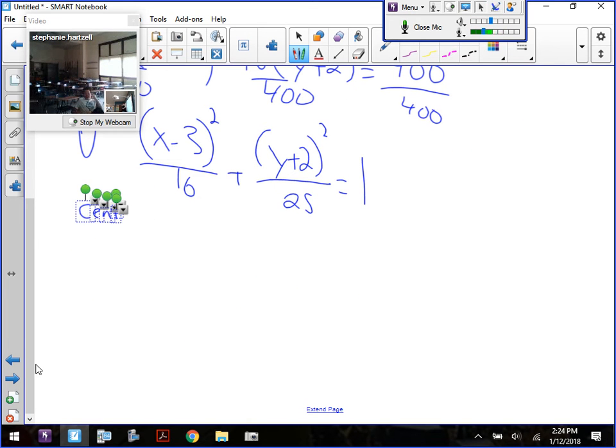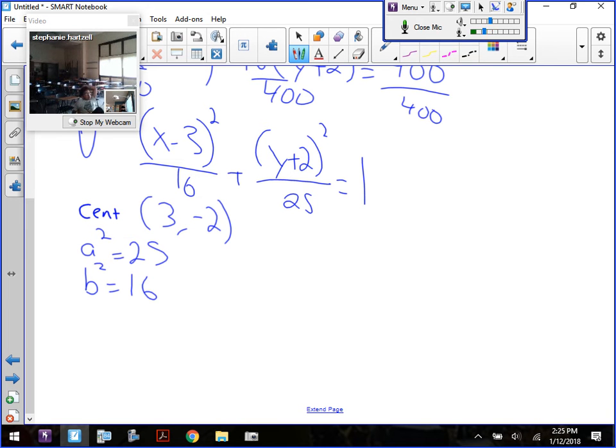Our center is going to be located at 3, -2. And our a squared is 25. Our b squared is 16, which means our c squared is going to be how much? Which is? It's nice when it works out cleanly. You get the c value.